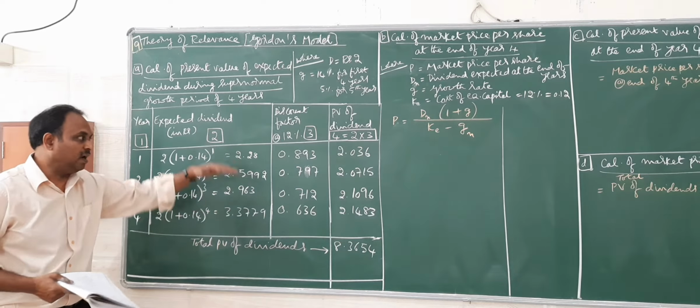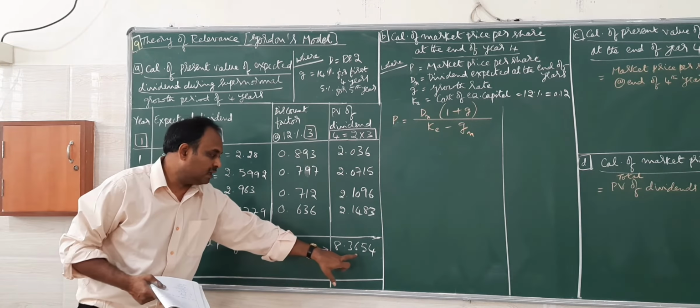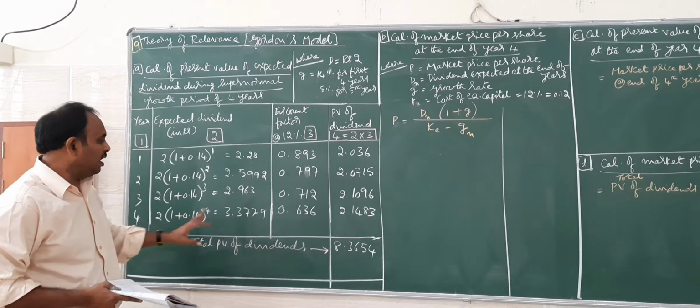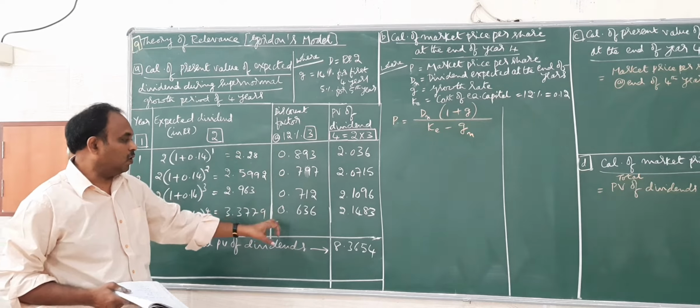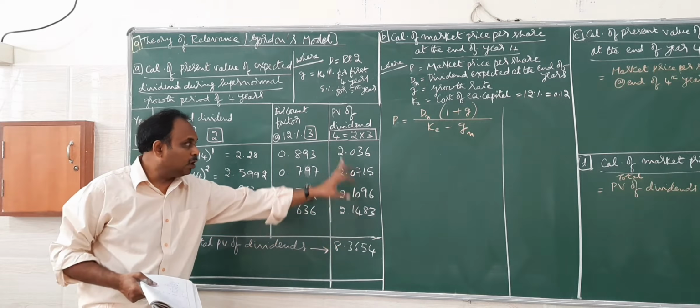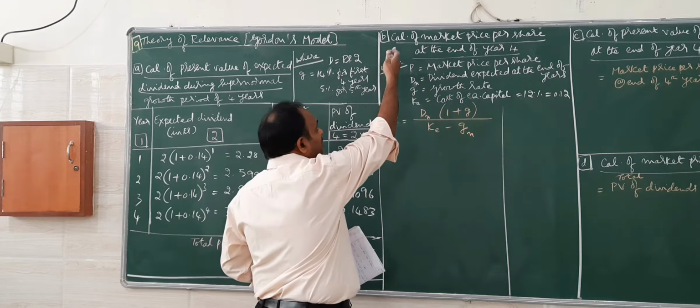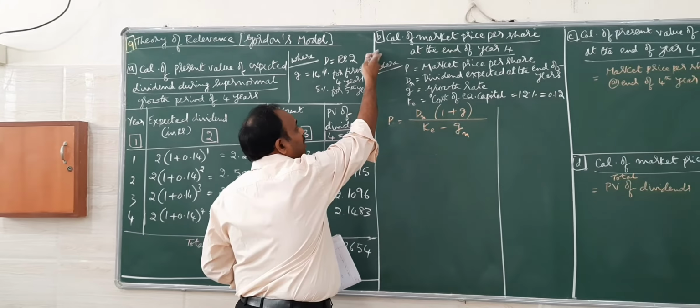The total PV of dividends of all the 4 years, if you add, you are going to get 8.36. So even though the dividend is growing, because of the discount factor, it is not reaching 3 here. It is very near to a ₹2 dividend only. Then let me move on to the next calculation.